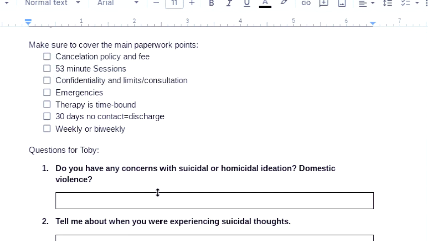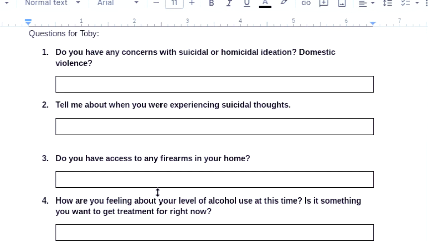And then I have questions that I generally ask folks, and especially looking at how Toby answered certain questions, I will modify some of the questions that I want to put here accordingly. So some questions on safety.